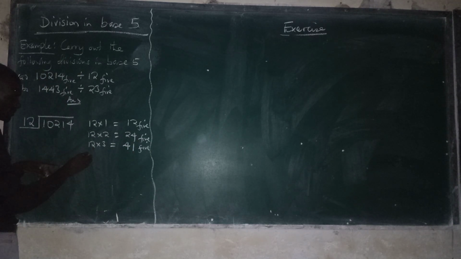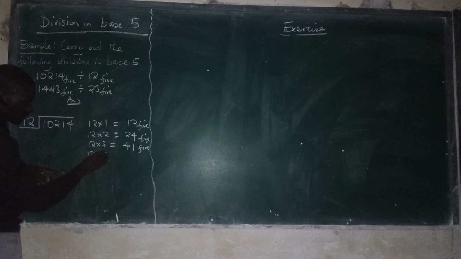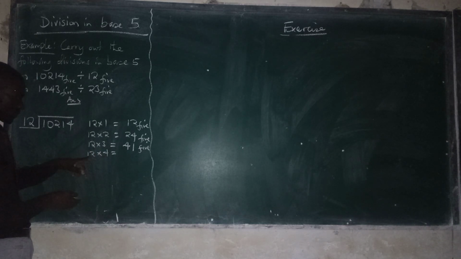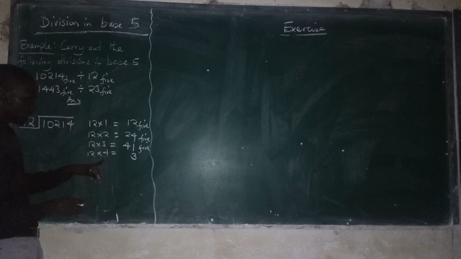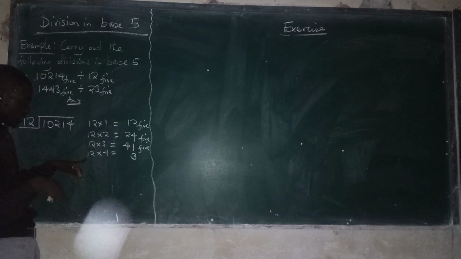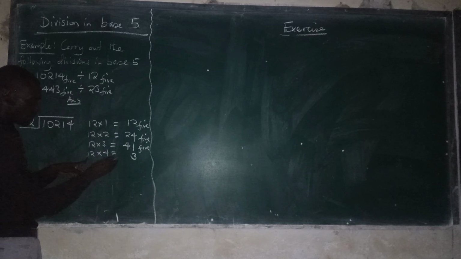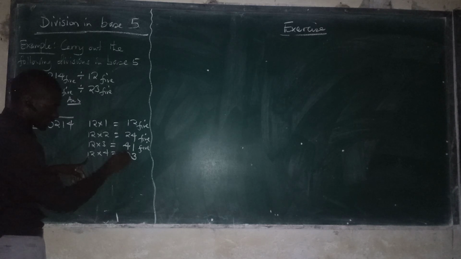Then if we multiply by 4, 2 times 4 is 8, the remainder is 3, so we write 3, and it goes in once. Then 4 times 1 is 4, plus that 1 gives us 5. Then 5 in base 5 is simply 10.